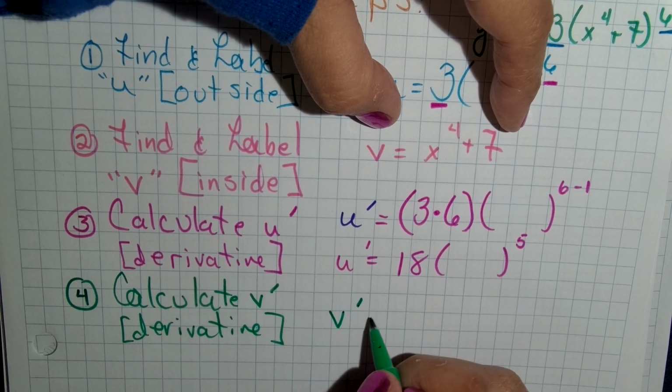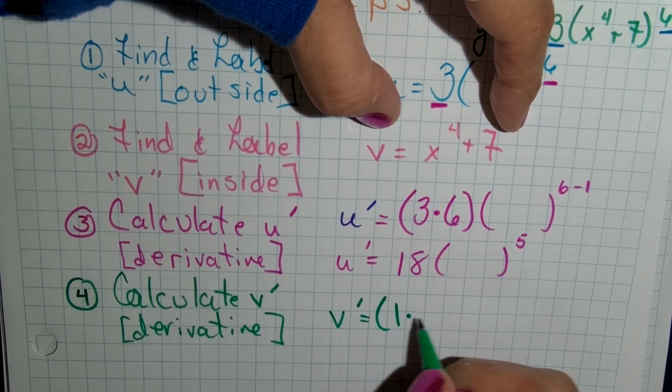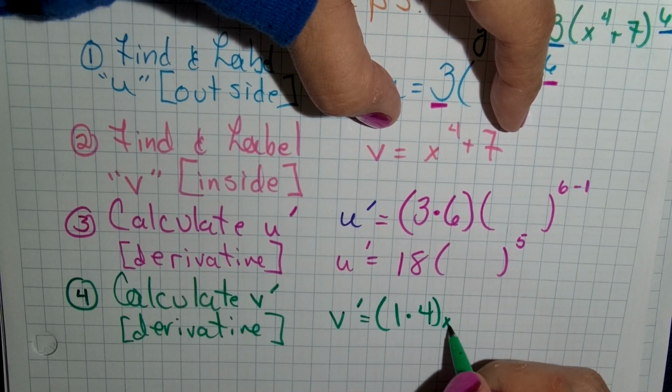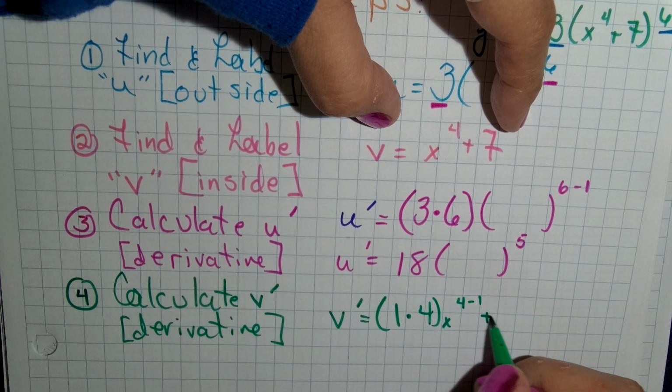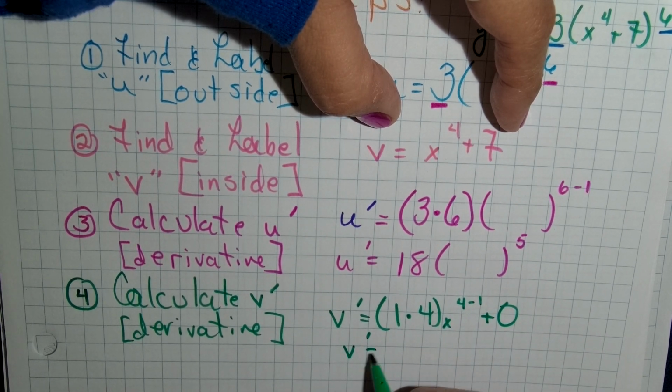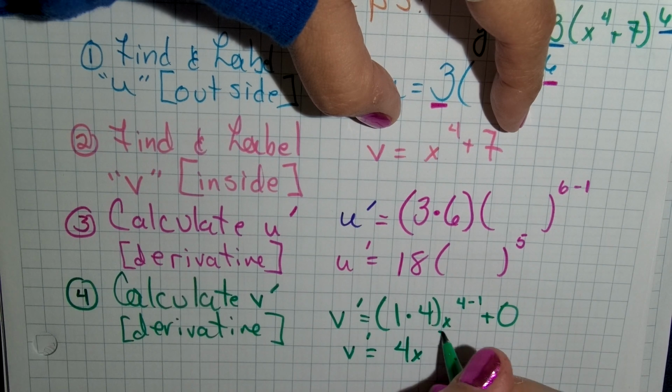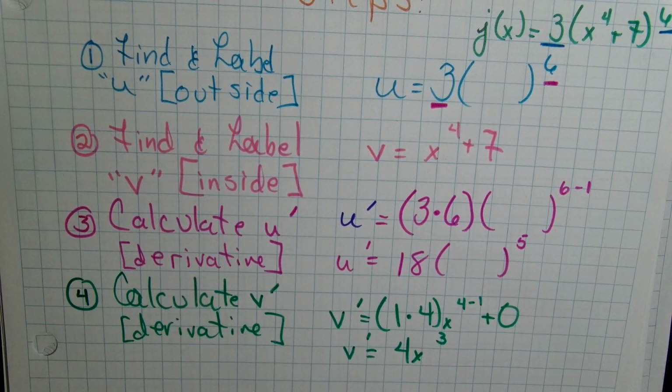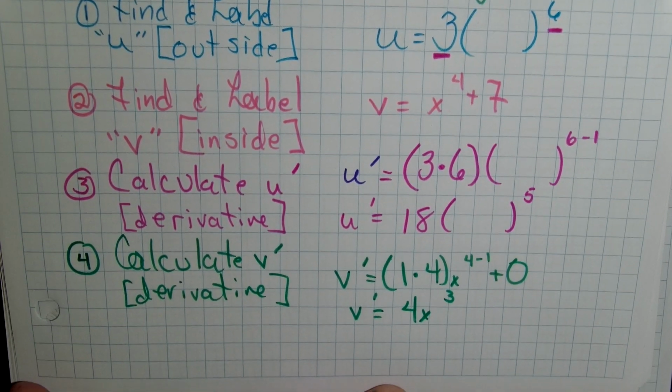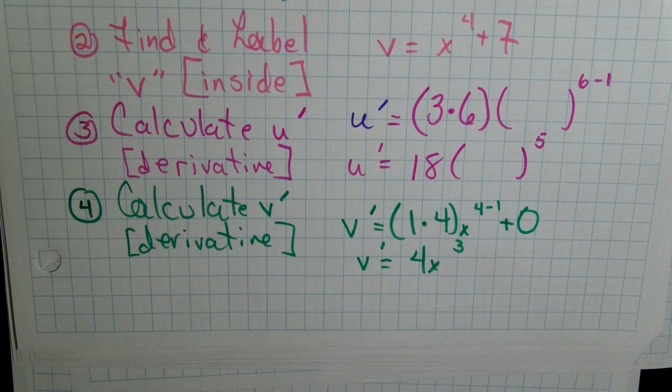So v prime will be equal to, using the power rule, 1 times 4, x to the 4 minus 1, plus 0, which means that it is just 4x cubed. Any questions on how I got any of that? Are we sure?